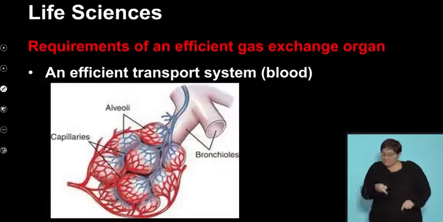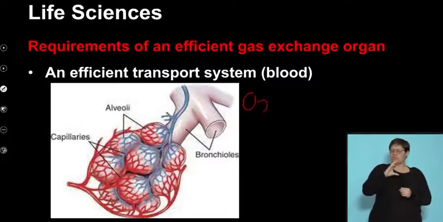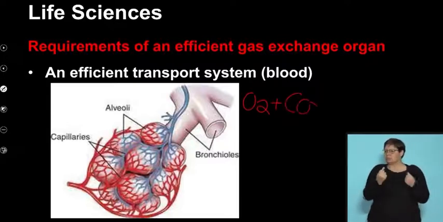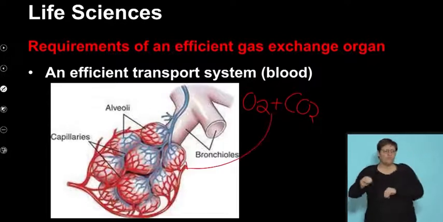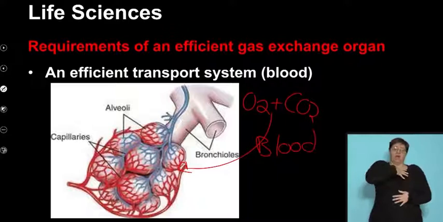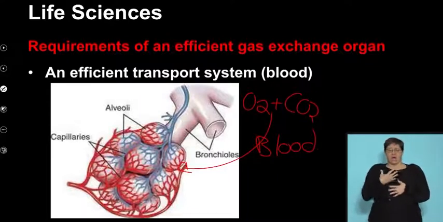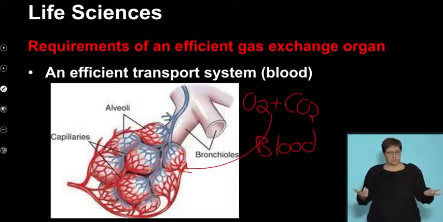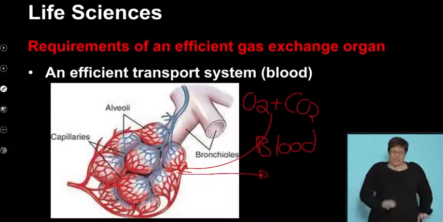Water. Why do I need oxygen and carbon dioxide? I need it to do stuff. And how do I get it around the body? I need blood. It doesn't help if I breathe in the oxygen and it's got absolutely nowhere to go. So I need to get it to the cells and I need to get it back out again.